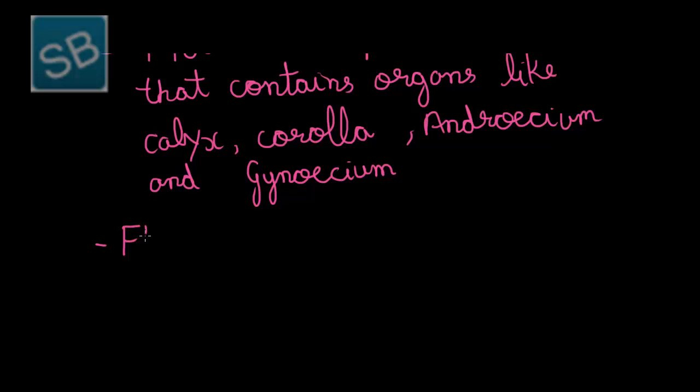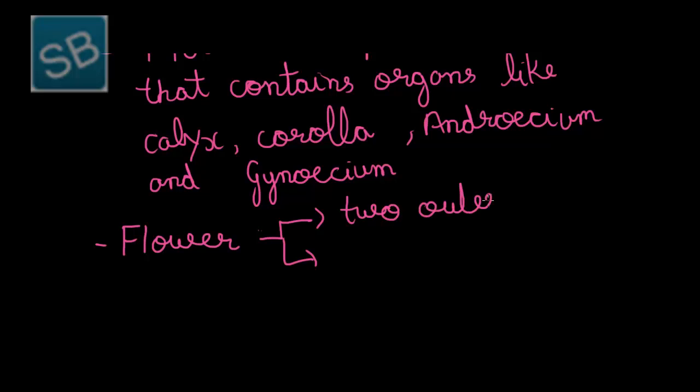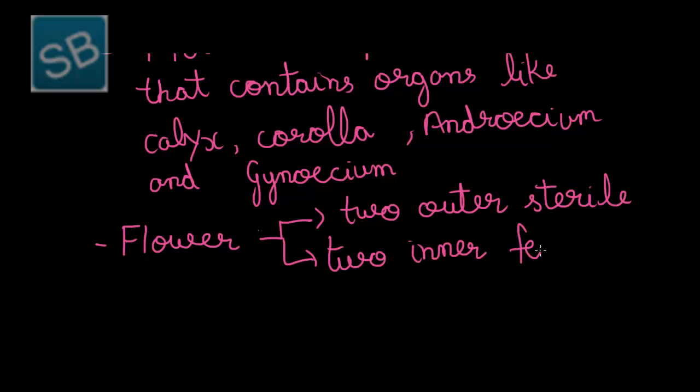Therefore, a flower consists of two types of appendages: two outer sterile parts and two inner fertile parts. The organs within the flower can thus be divided into the outer sterile parts and the inner fertile parts.